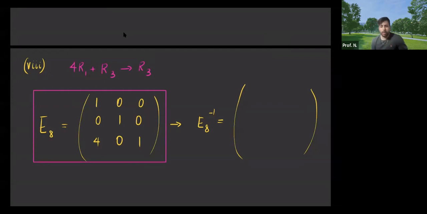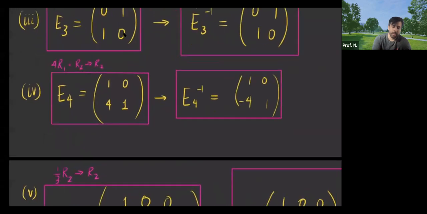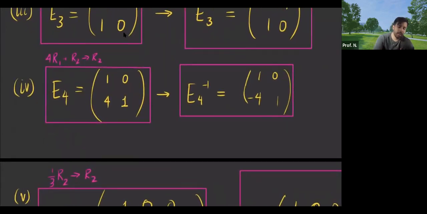Think about the LU factorization. Think about what we just did here. When we had to multiply the first row by 4 and add to the second row, we put the 4 here, but then to find the inverse, we put the -4 in the same spot.